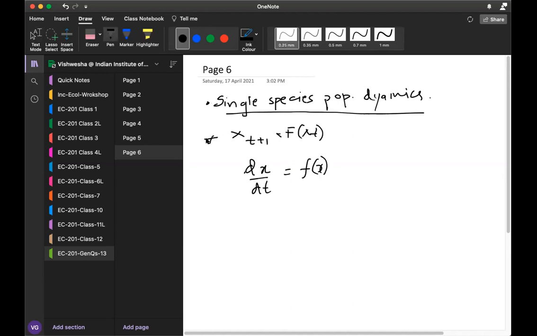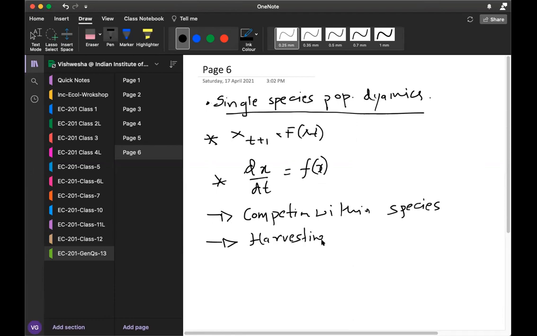Okay. And then we have studied various implications. What we have done is, hey, look, let's incorporate very basic features. For example, competition, intra-specific competition. Okay. And then we have thought of incorporating things like harvesting, or predation, where the dynamics of predators are not very important.